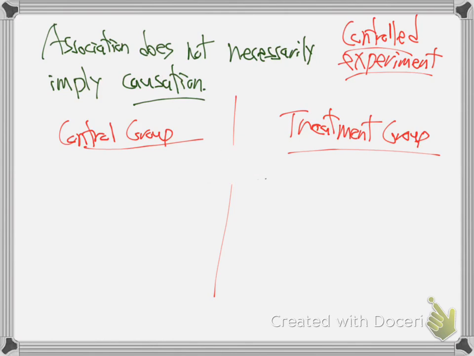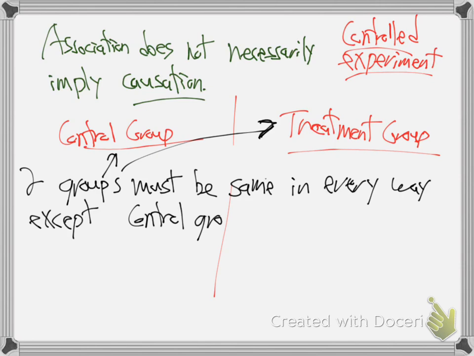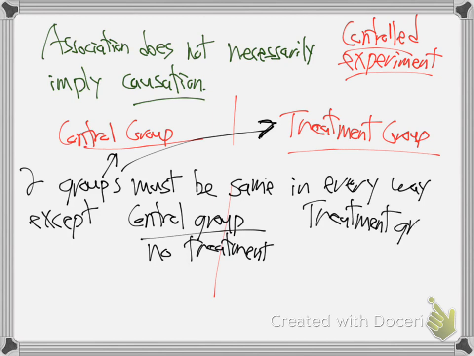The two groups, the control group and the treatment group, must be the same in every way except the control group gets no treatment, whatever the treatment is, Boy Scouts milk, whatever, and the treatment group gets the treatment, obviously.